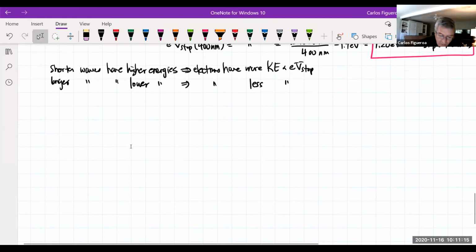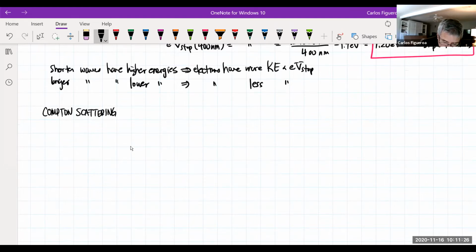I now want to go on and talk about Compton scattering. And what I want to do here is explain what is going on. I really want to explain what's happening.